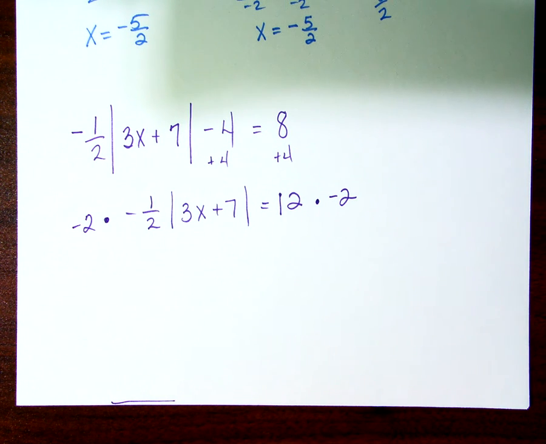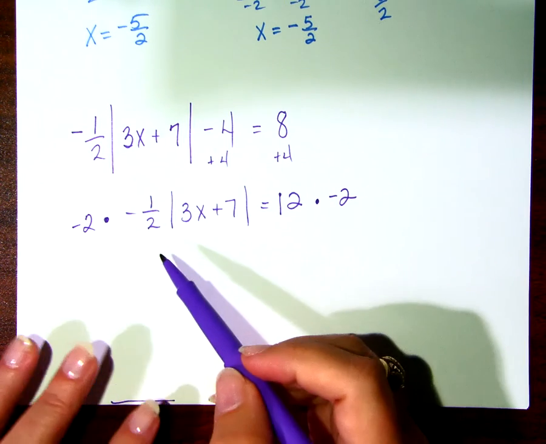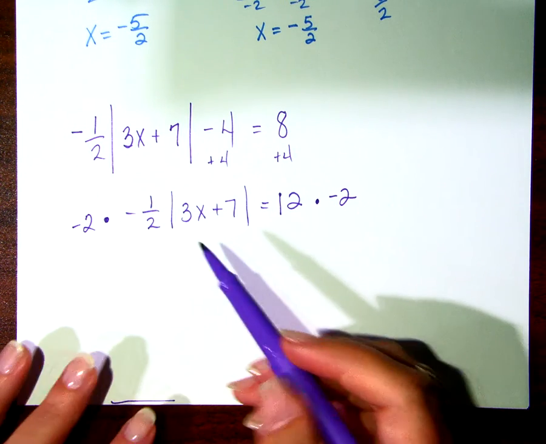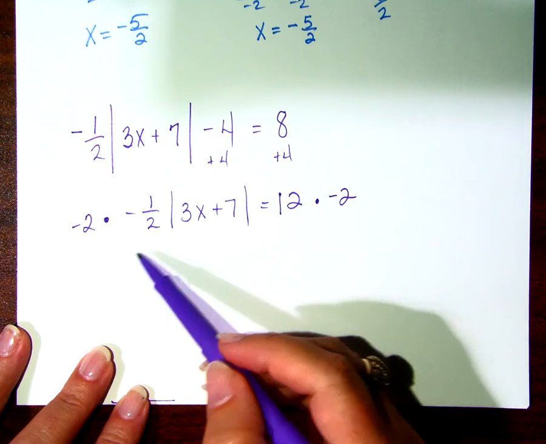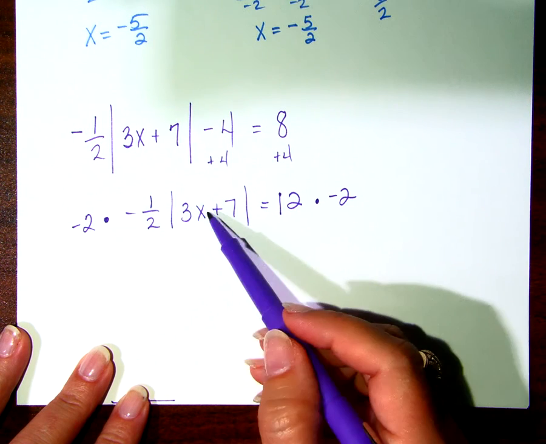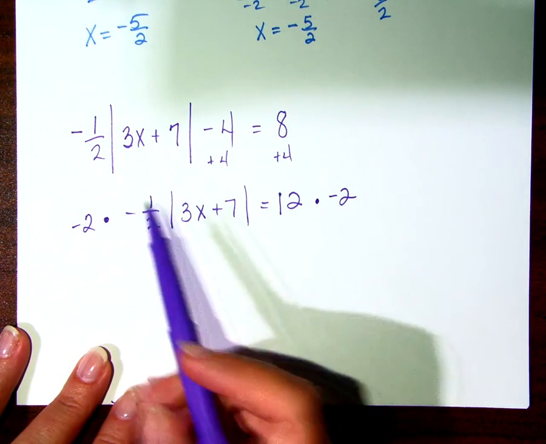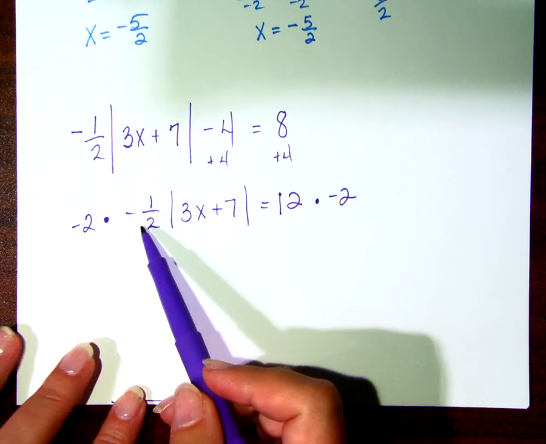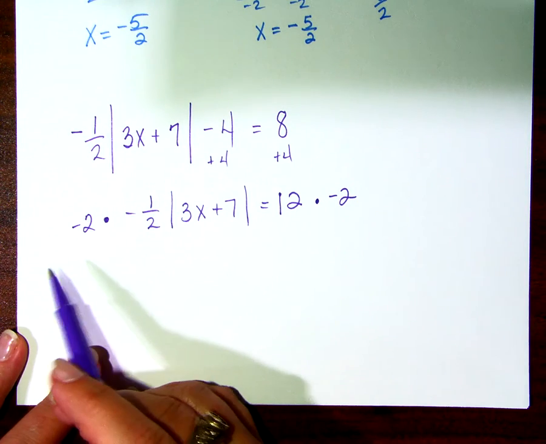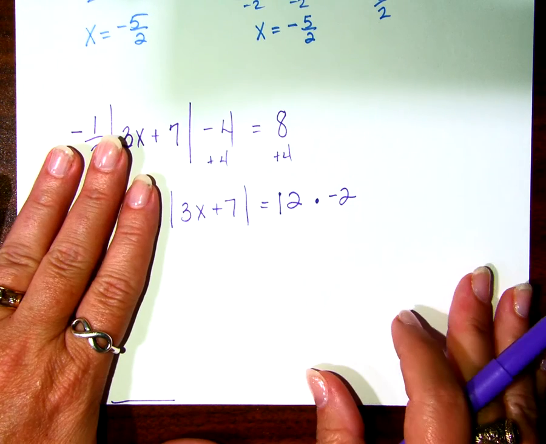A lot of times that makes it harder on our brain to figure out what's happening. Dividing and multiplying by reciprocals are the same thing. So if I already have a fraction multiplying, I want to multiply by its reciprocal instead, because negative 2 times negative 1/2 is still positive 1, isn't it? And that's what I needed that to do. I needed that to go away.